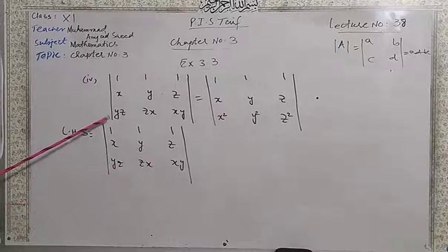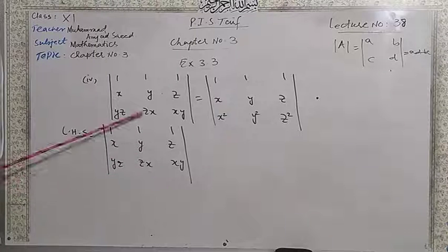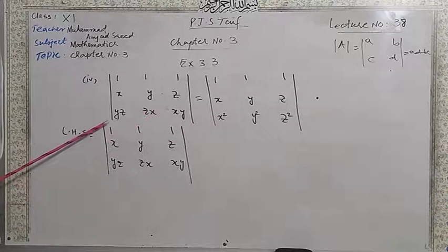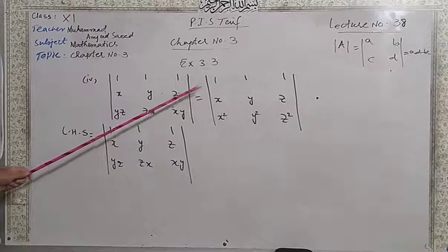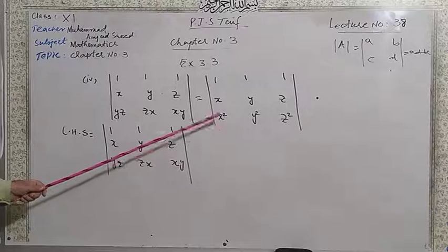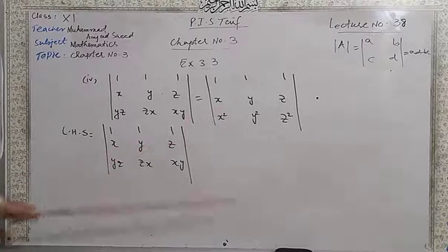Multiplying C1 by x, C2 by y. In this way, you will get y square and x square. C1 by x, you will get here x square and x. Keep in mind that you have to make right hand side.